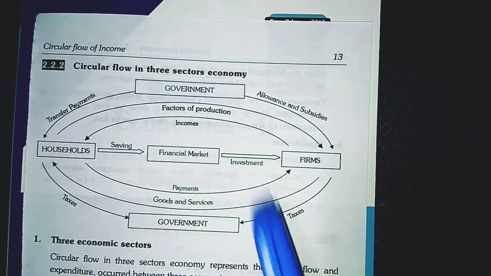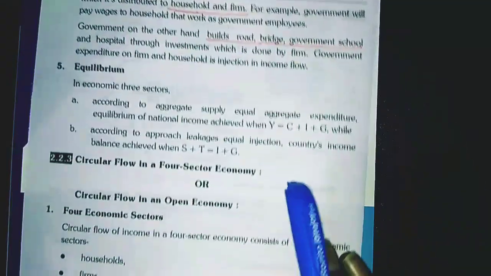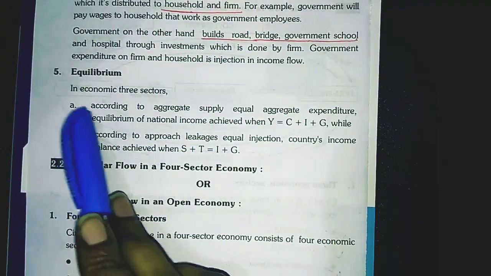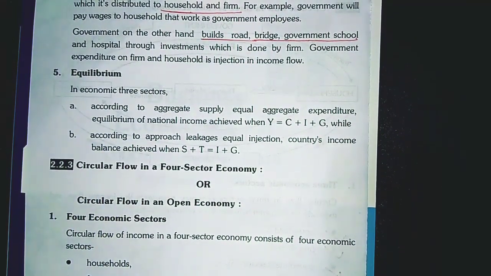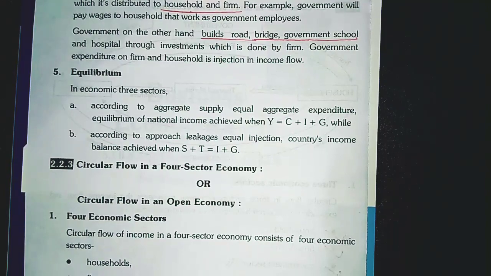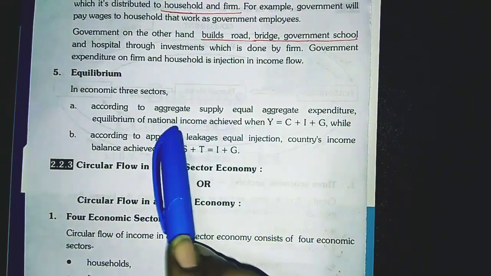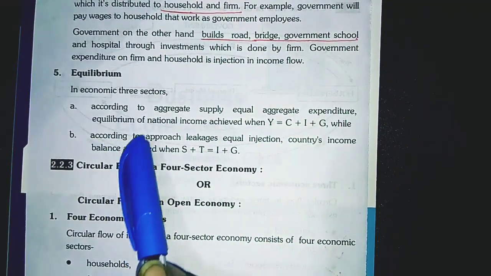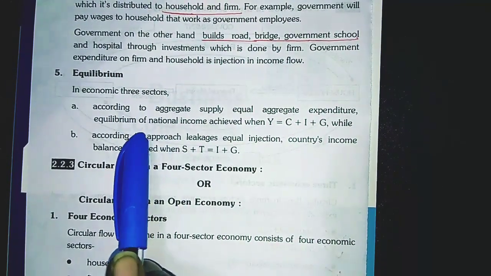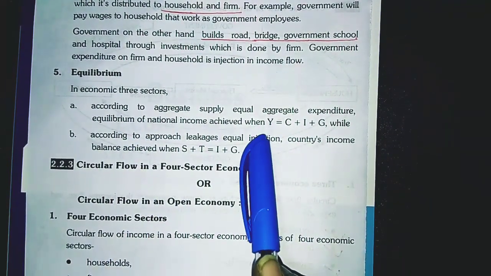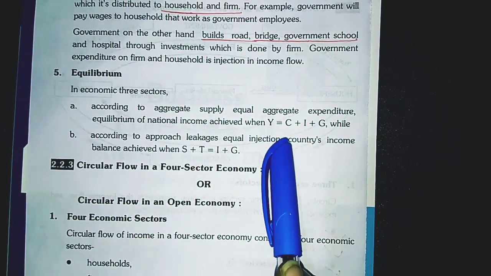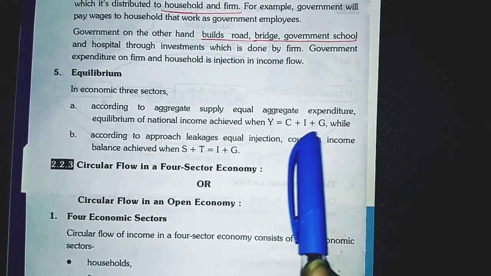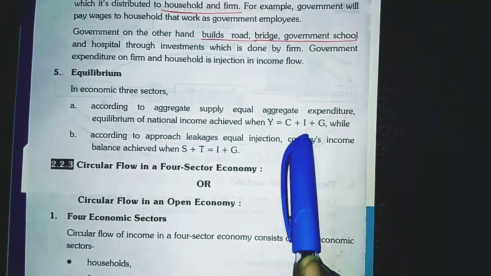Now the last point is equilibrium. Equilibrium means the state of balance, as we have already discussed. So in case of the three sectors economy, the state of balance will be income is equal to consumption plus investment plus government expenditure.